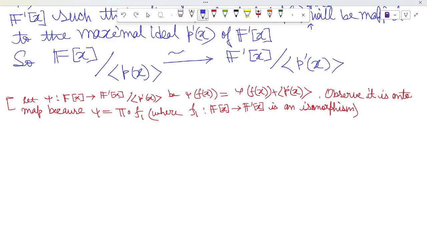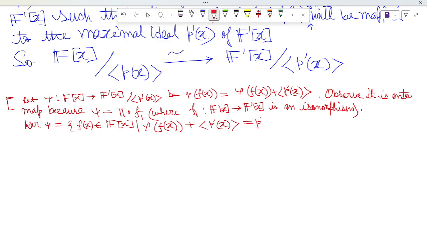Now what is the kernel? I need to find out the kernel of psi. So all those f[x] belonging to f[x] such that phi of f[x] plus p dash x equals p dash x.